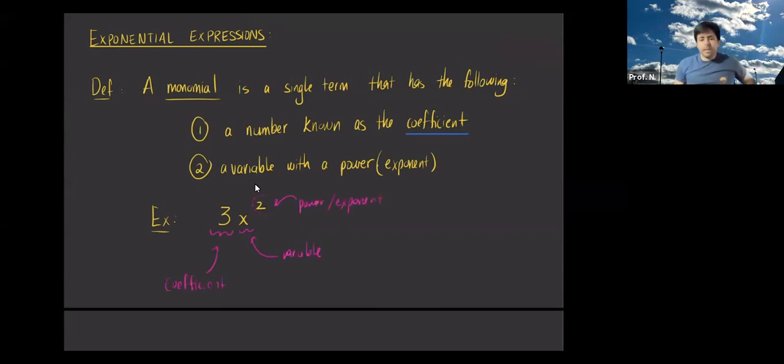And just having one of these is called a monomial. And then we'll talk more about binomials, trinomials, and in general, polynomials. Okay?